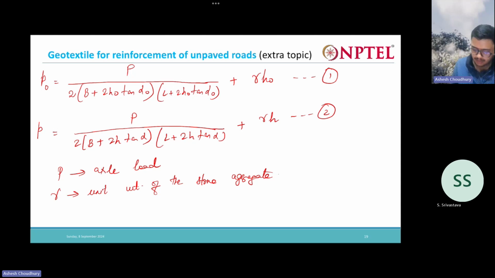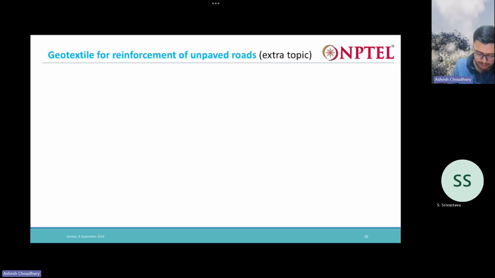Now this P, we can have the pressure in case when the soil is unreinforced. We can consider that this is the elastic limit of the soil.